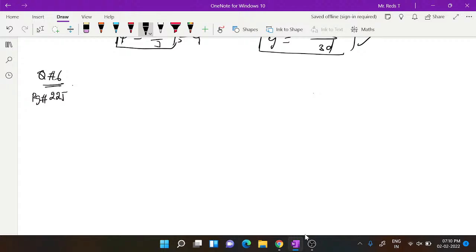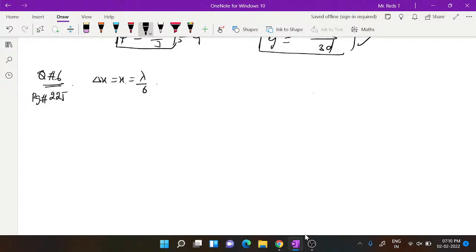It is given that the path difference between two interfering waves at a point on the screen is lambda by 6. Path difference is delta x, or simply you can take x is equal to lambda by 6 from the central maximum. The ratio of intensity at this point. So let us say this is the first position, something like this.